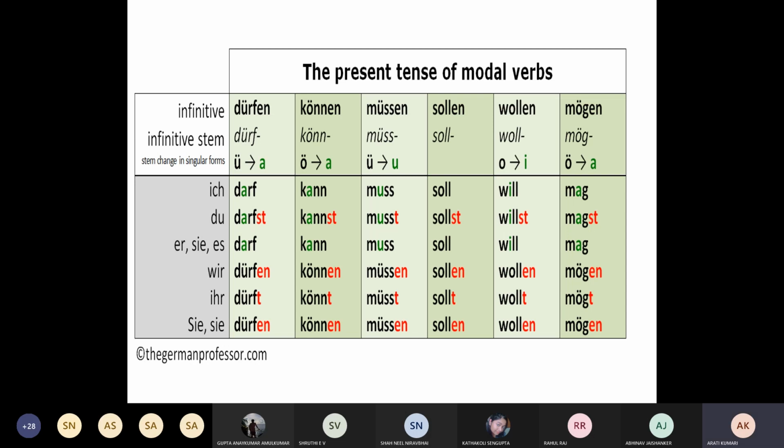Möchten. Ich möchte. Du möchtest. Sie, es möchte. Wir möchten. Ihr möchtet. Sie möchten.